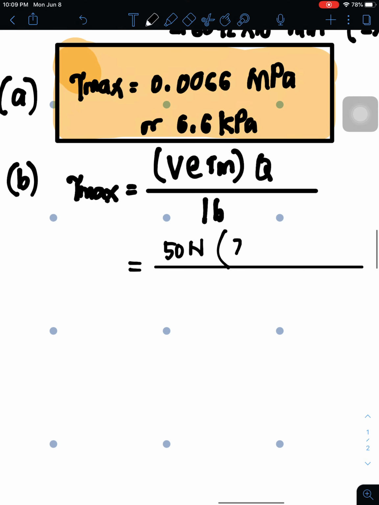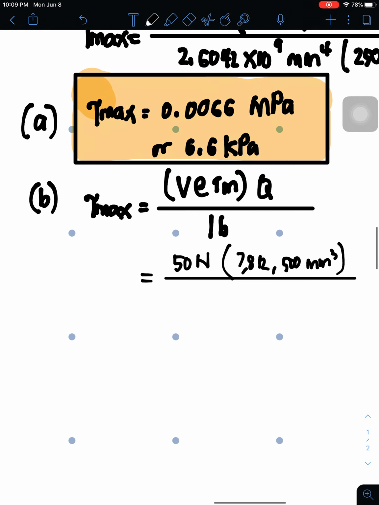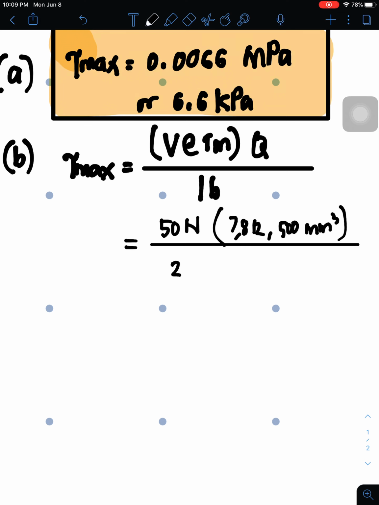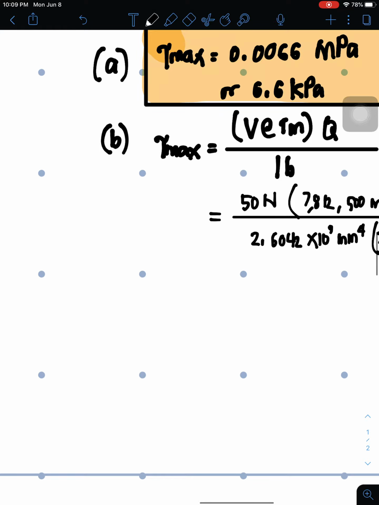Q is 7,812,500 mm cubed divided by I, which is 2.6042 times 10 to the 9th power mm to the 4th, times the same base, 250 mm.